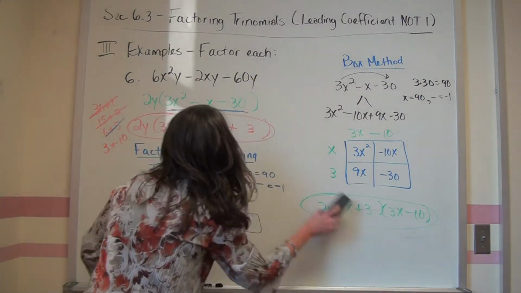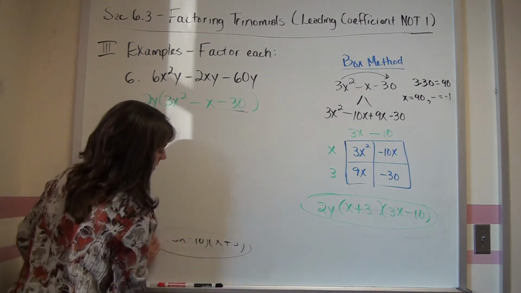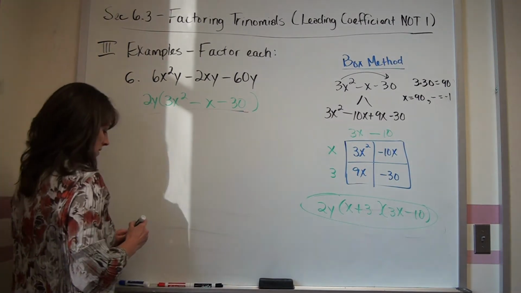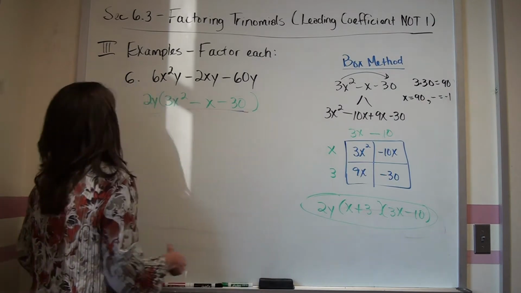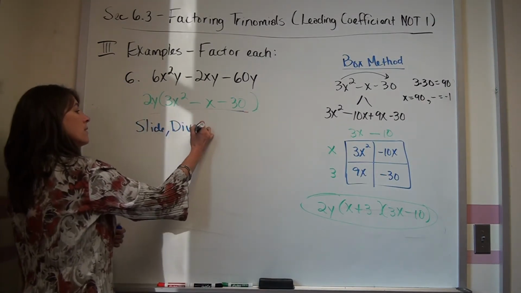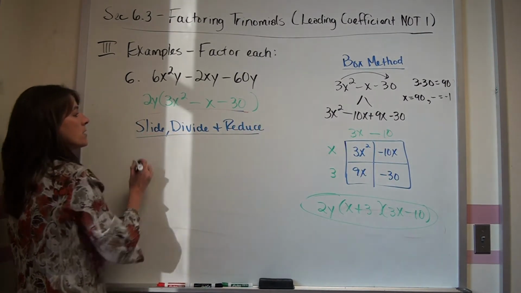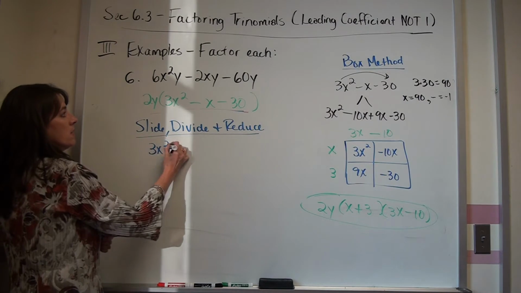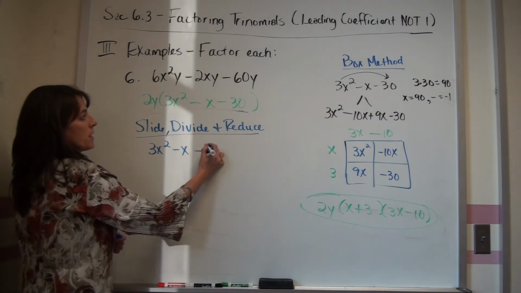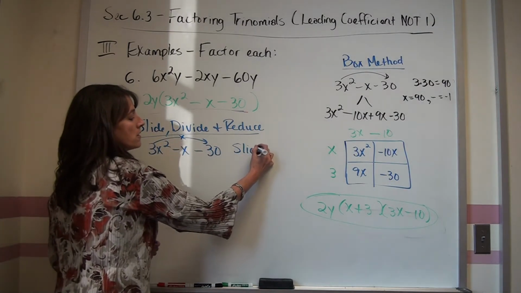And finally, slide, divide, and reduce. Slide, divide, and reduce. The words tell me what to do. So I'm factoring my 3x squared minus x minus 30. I'm going to slide it out by multiplication.